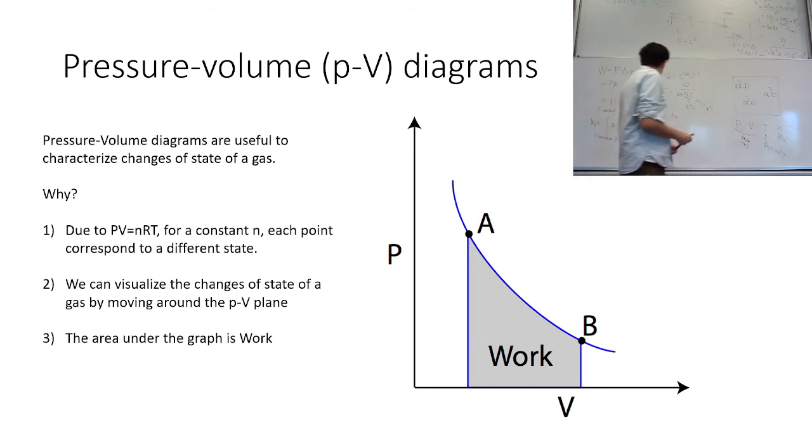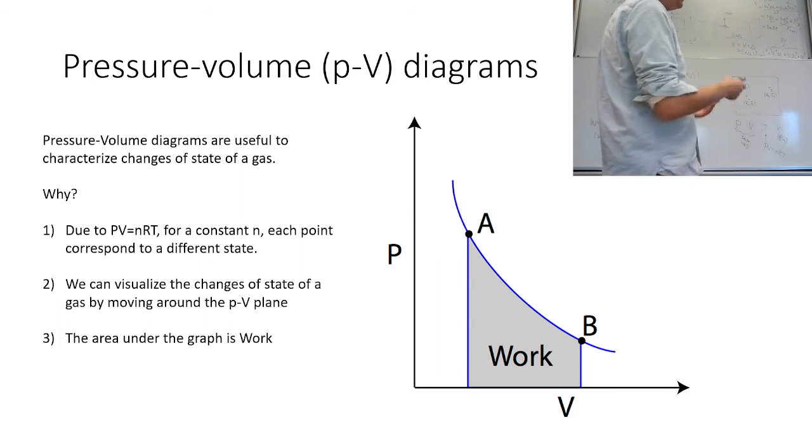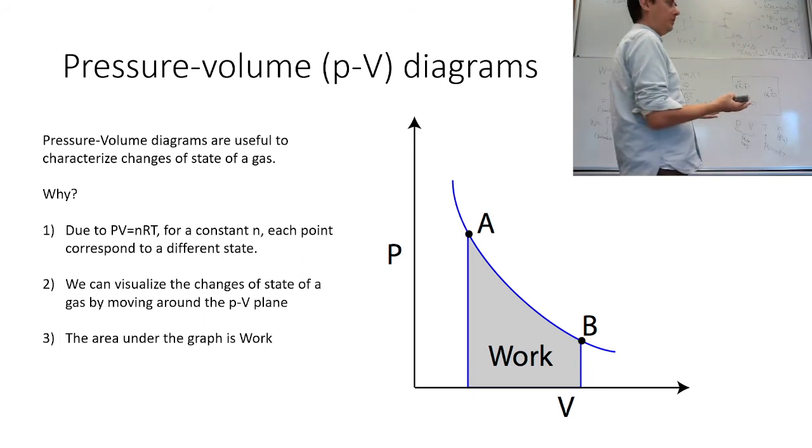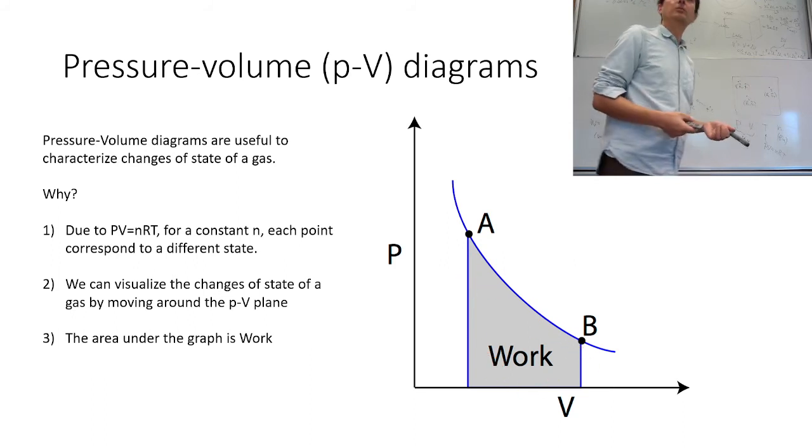Also, we just said that work is P times delta V, but it's also the integral of pressure with respect to volume, right? So not only is it a visual map of all the states of the gas, you can actually work out some things just by integrating the area under the graph here, because the area under the graph is equal to the work.